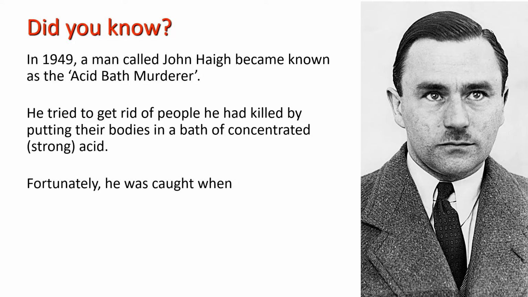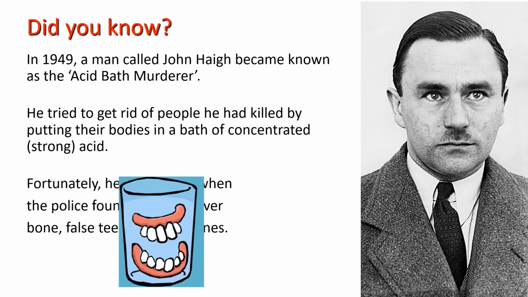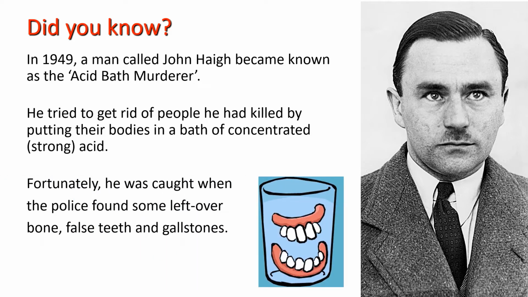In many instances, he was successful. However, he was caught when the police found some leftover bones, false teeth and gallstones, which is rather interesting. So bones and teeth saved the day, and ultimately he was hanged in 1949 for his crimes.